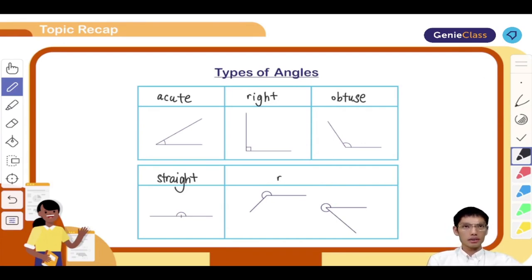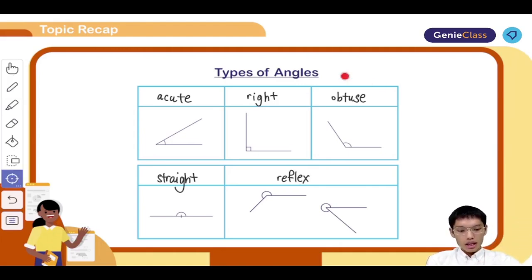It starts with an R. This type of angle is what we call a reflex angle. All the different names are important to know, because in questions they will tell you to find either the obtuse angle or reflex angle, or if they give you only this or this, you have to know the property. And lastly, knowing acute as well, based on the name.